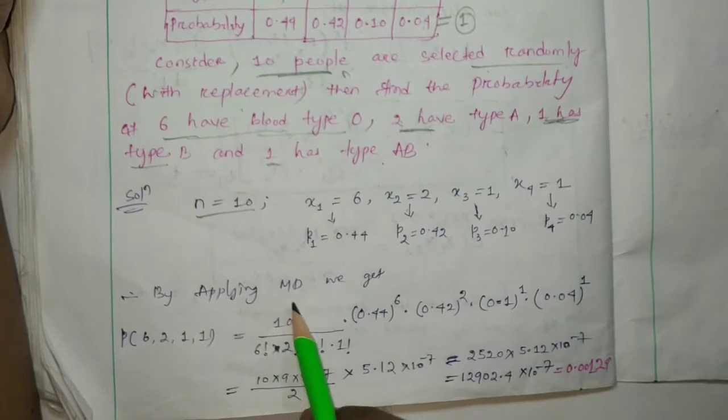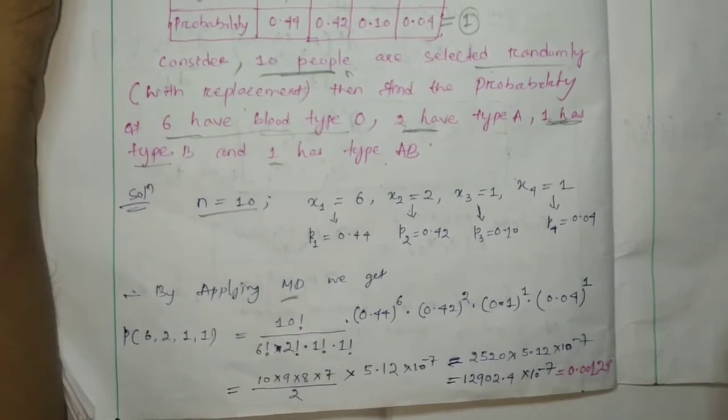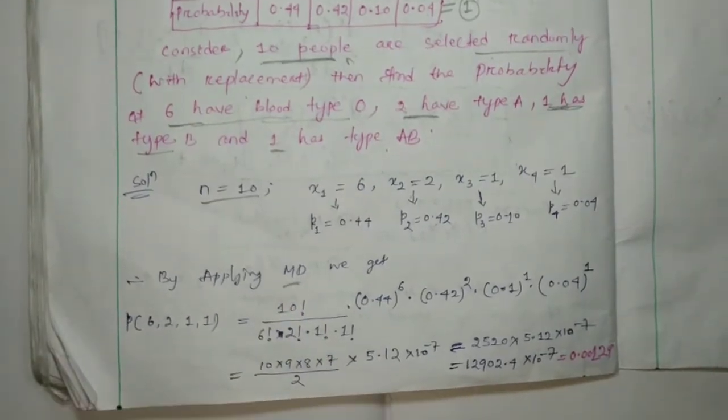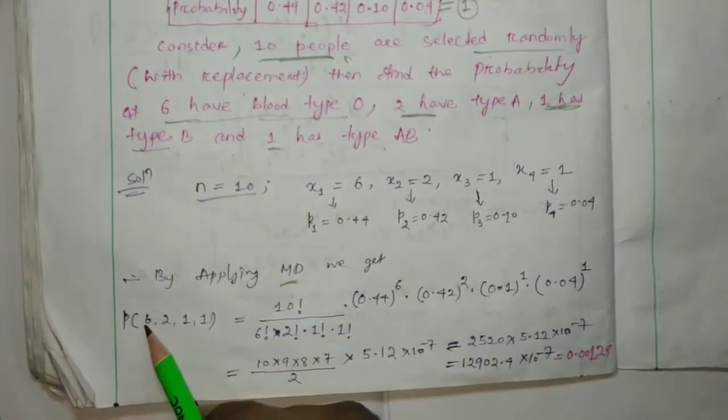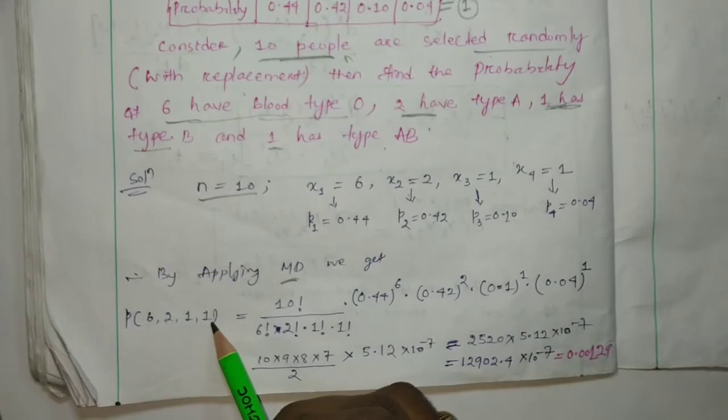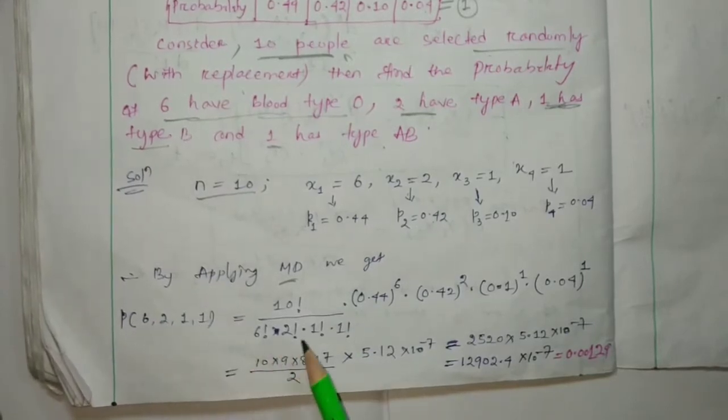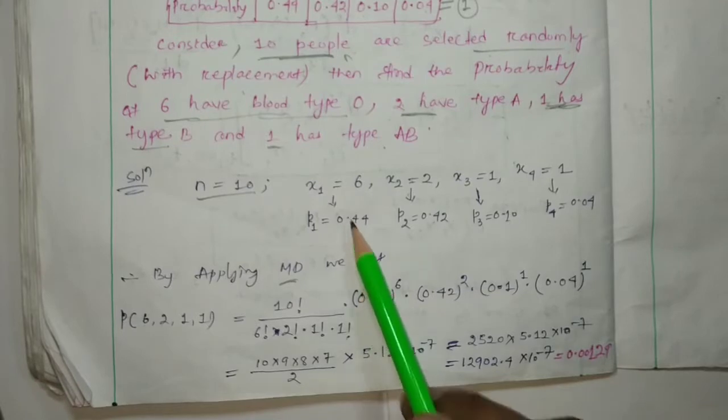Now we have to apply the multinomial distribution. Then what are we going to get? The probability of x1, x2, x3, x4 being 6, 2, 1, 1 will be equal to the total number we considered, 10 factorial by 6 factorial, 2 factorial into 1 factorial into 1 factorial. You can see that 6 plus 2 plus 1 plus 1 is 10, into p1 to the power x1.